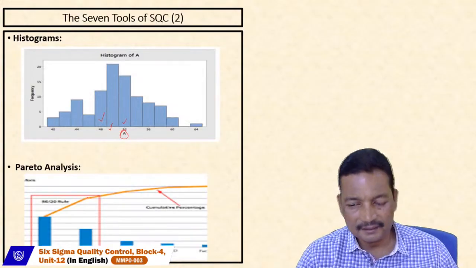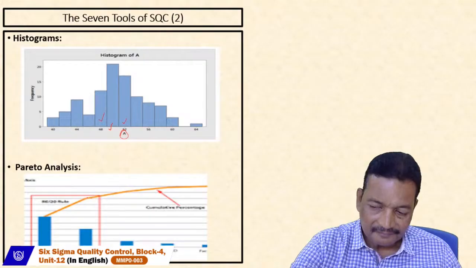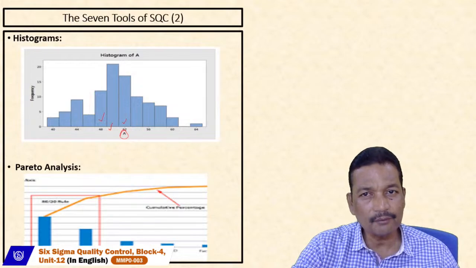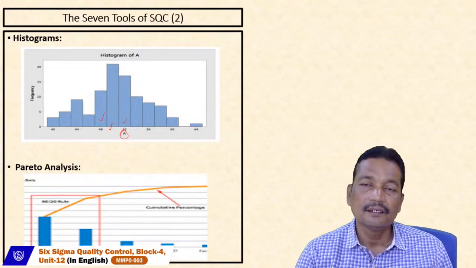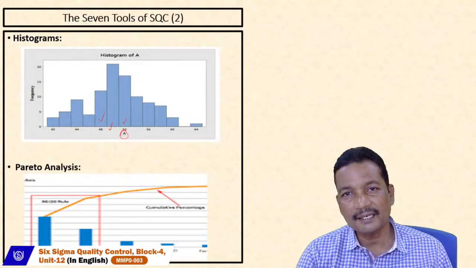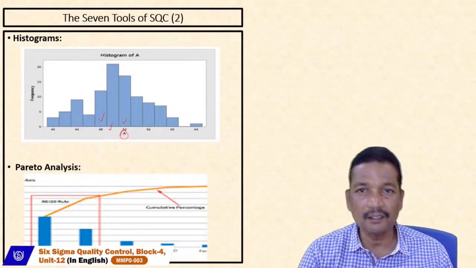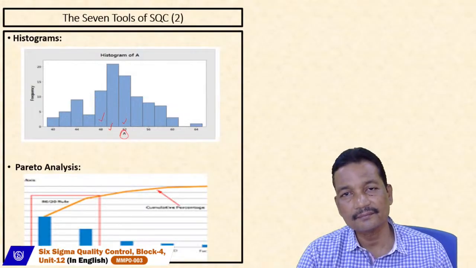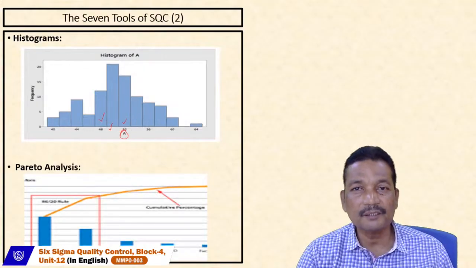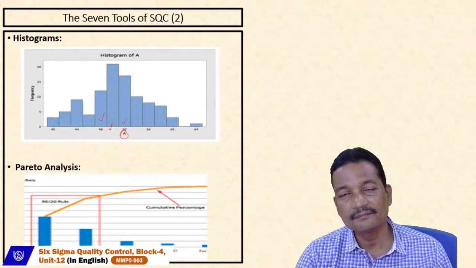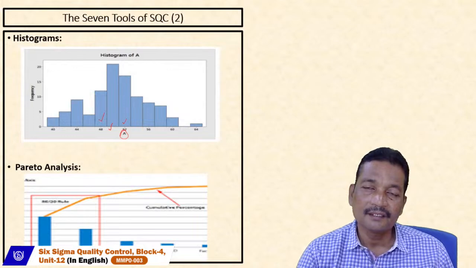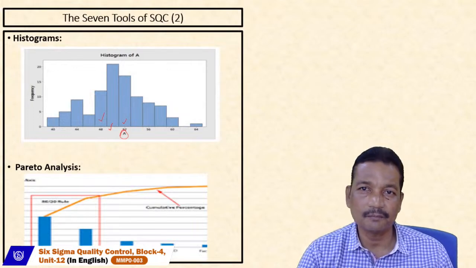Now, here we can say it has been developed by an economist called Alfred Pareto. He was of the view that if we take the whole world and the wealth present in the world, then three things are very clear. First, 10% of the people out of the total will be having or owning 70% of the total wealth available.